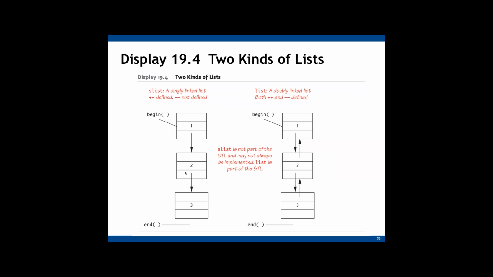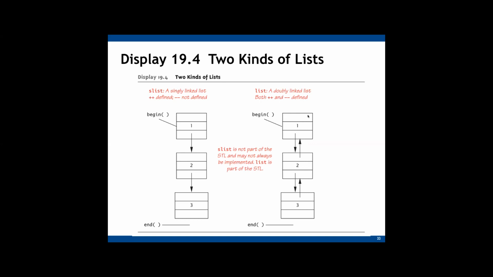And we learned in the previous sessions that the begin member function returns the iterator that points to the first element. So this begin member function points here because this is the first element. In the singly linked list, there is only one link from one element to another element. So there is one arrow here. But in a doubly linked list, there are two links, two arrows here, so that we can move forward and backwards.